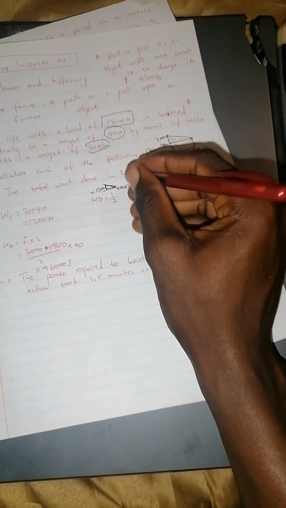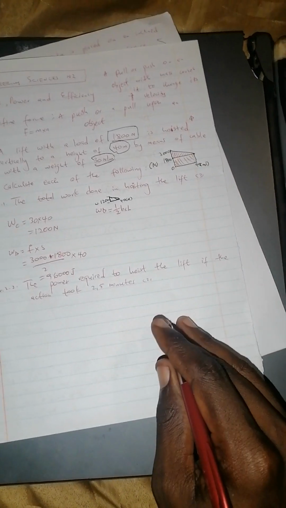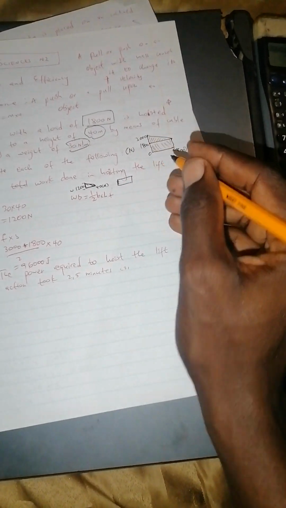The formula for this one is this one multiplied by half, multiplied by height, multiplied by breadth, plus the addition for this one. Now we focus on this one, meaning our distance is 40.